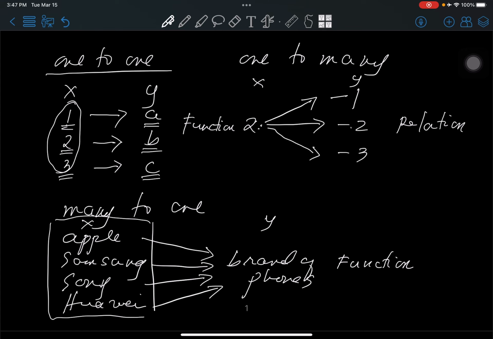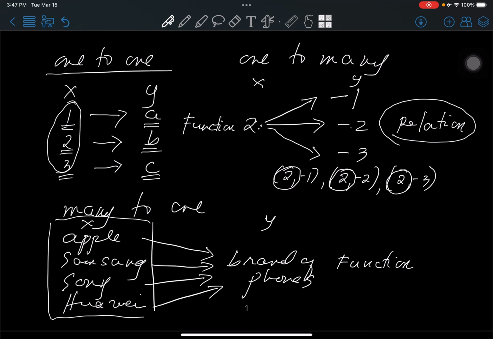If we put this in terms of ordered pairs, this would become (2, -1), (2, -2), and (2, -3). And based on the definition, our x should not be repeated. If there are values of your inputs or your independent variable that are repeated, then they will never become a function. They would be termed simply a relation, class. So that's all about relations and functions.